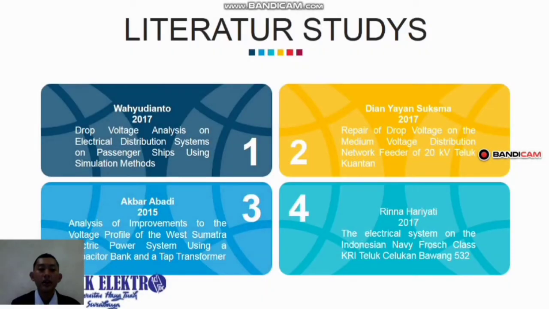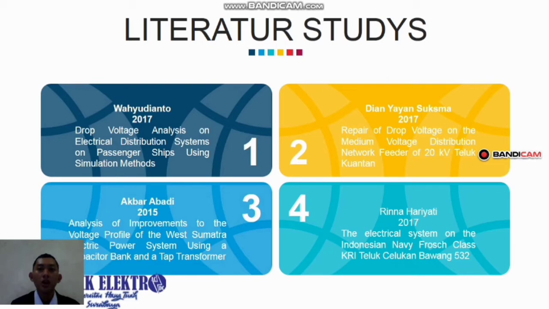Second, literature study. In this thesis, I use four main journals. First, Wahyudianto, 2017, drop voltage analysis on an electrical distribution system on a passenger ship using a simulation method.